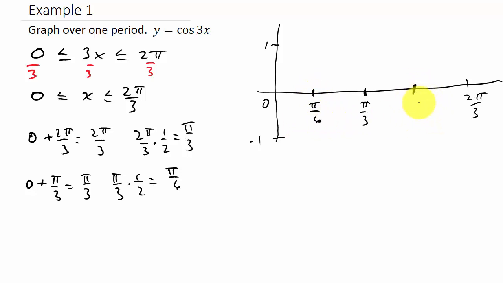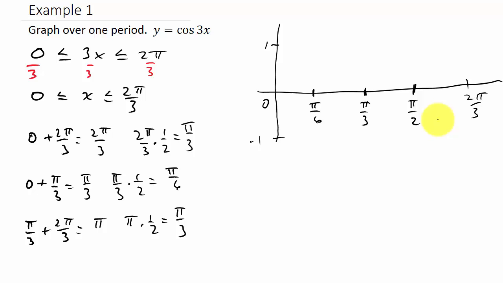Then I need the midpoint here, so I add up the pi over 3 and the 2 pi over 3. Pi over 3 plus 2 pi over 3 is 3 pi over 3, which is just pi. Then I take the pi, multiply it by half, and I get pi over 2. So this would be pi over 2.